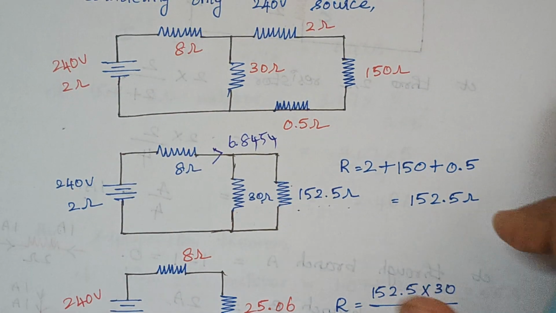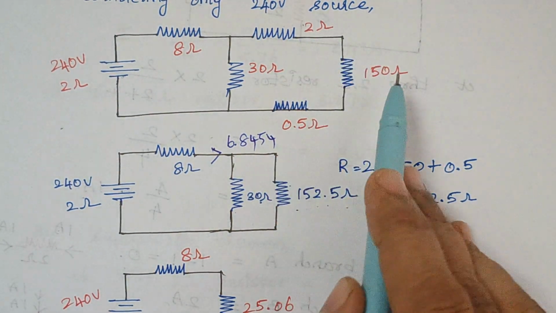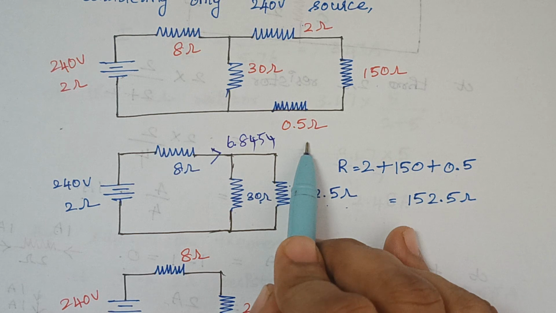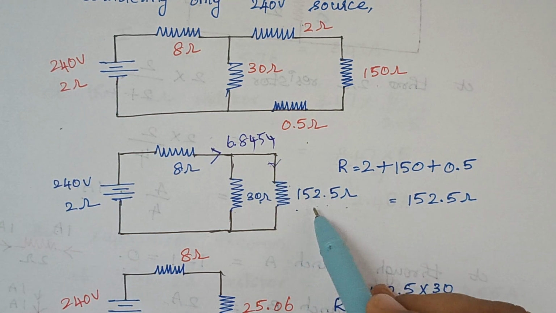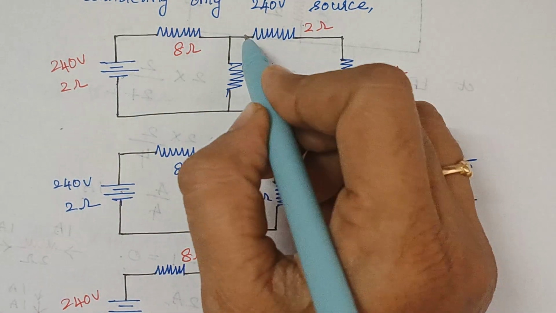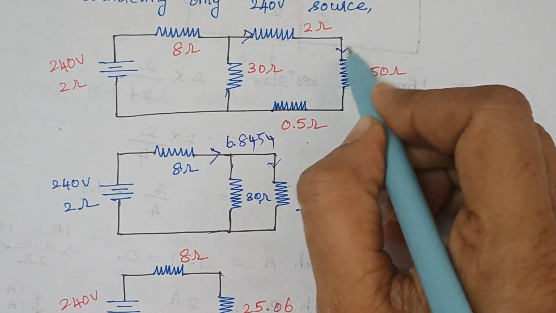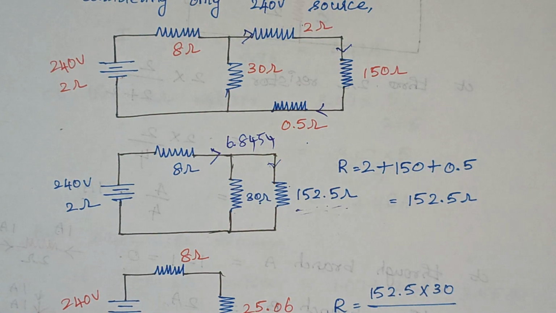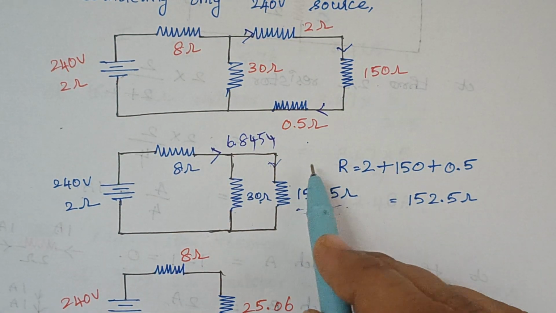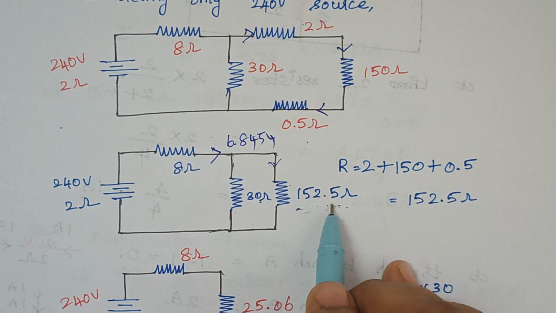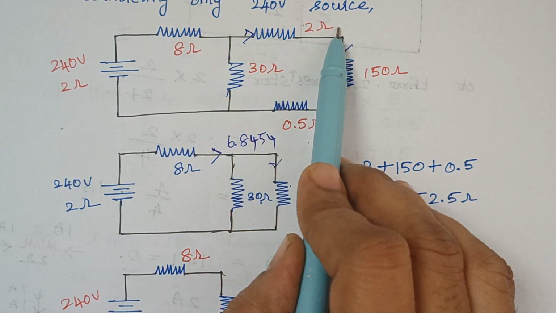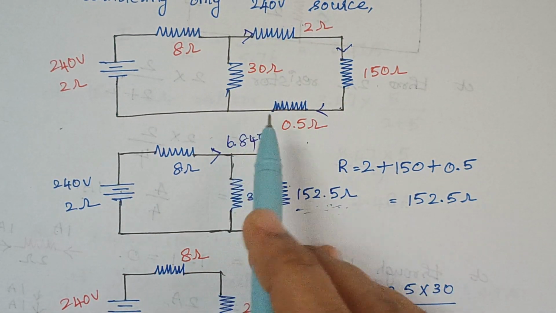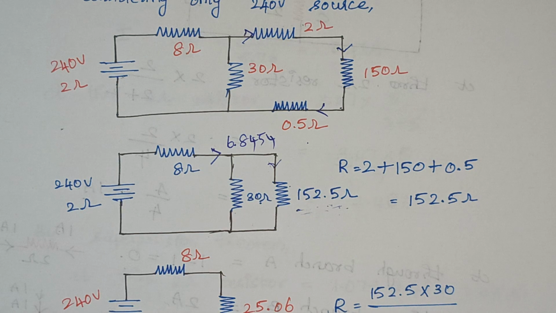It is nothing but a combination of 2 ohm, 150 ohm and 0.5 ohm, right? So the current flowing through this 152.5 ohm is nothing but the current that flows through this path, right? Can you understand? It is the current that flows through this 2 ohm, through this 150 ohm and through this 0.5 ohm, right?